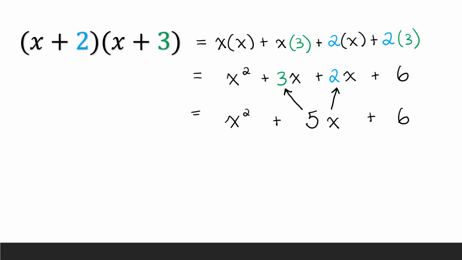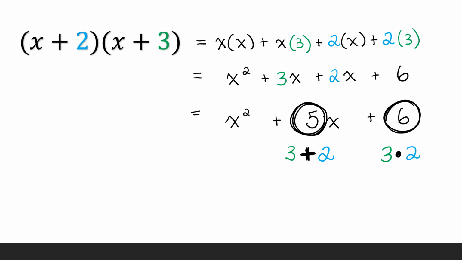Well, these two numbers, 2 and 3, what you might notice is that 3 plus 2 is equal to 5, and 3 times 2 is equal to 6. So we can use our sum and product puzzle in order to figure out how to split up this 5x.